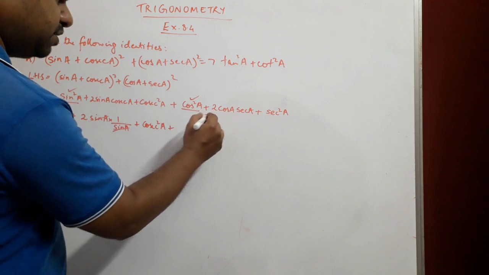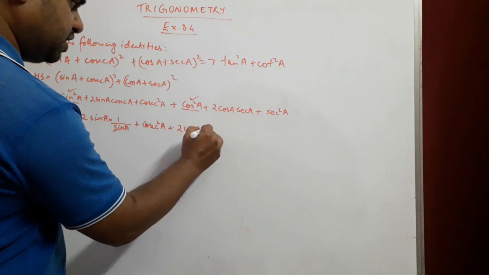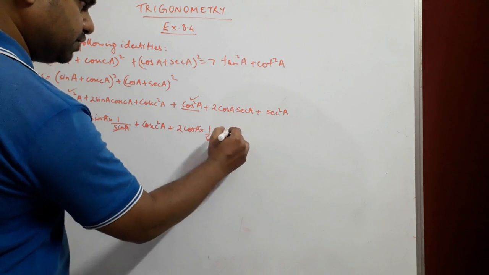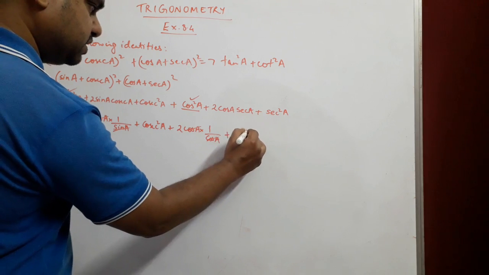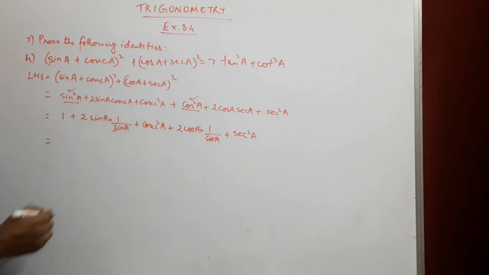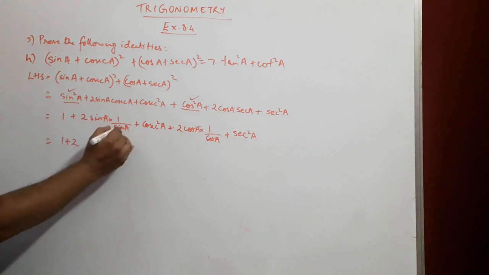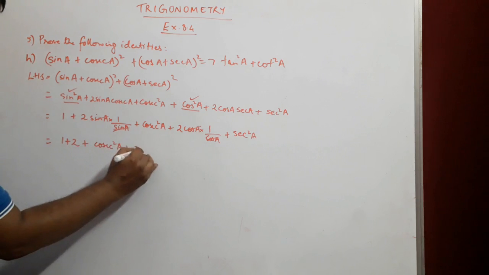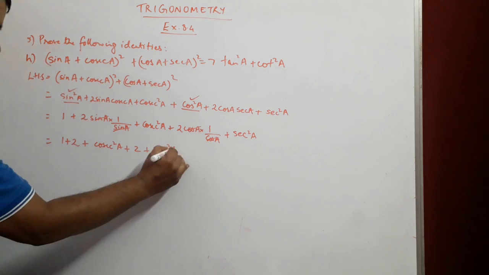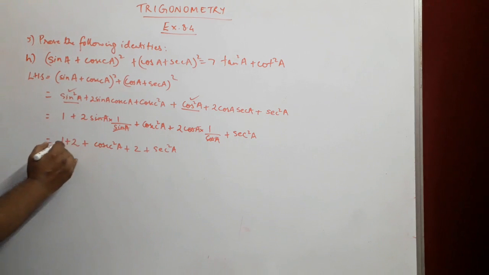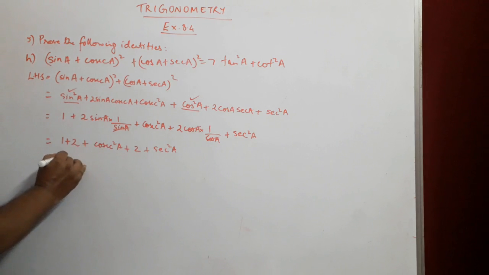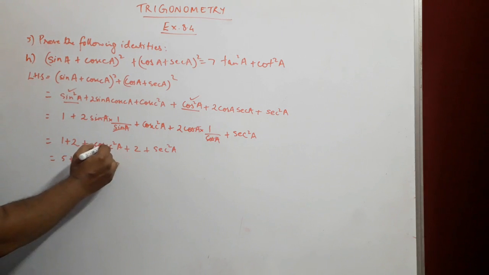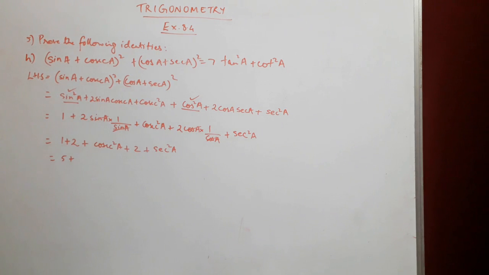Cos square A is gone from here, and 2 cos A multiplied with sec A will convert to 1 upon cos A. Again this will cancel, we will be left with 2 again, and here we will keep sec square A. So now we are left with 1 plus 2 from here plus cosec square A plus 2 from here plus sec square A. So that becomes 2 plus 1 is 3, 3 plus 2 is 5. So 5.